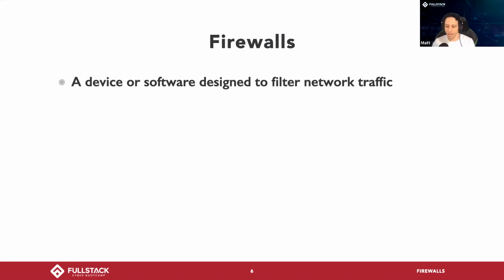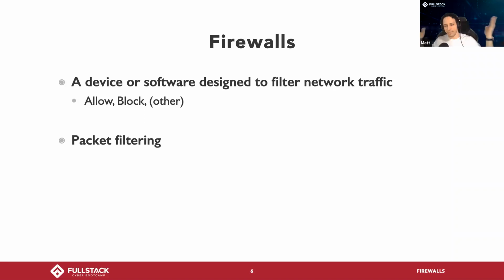That is all that it does. It is one filter. And there's generally going to be two things that they're going to do. They will either allow traffic to come through or they will block traffic. That's right, firewalls are your bouncers. And how are they going to do this? They do this through packet filtering.